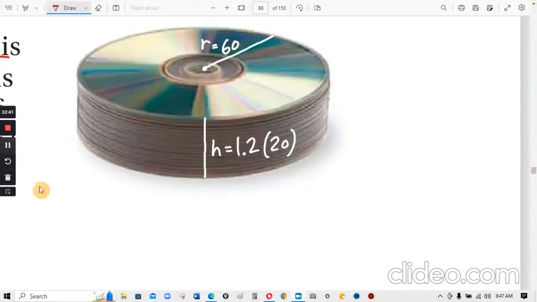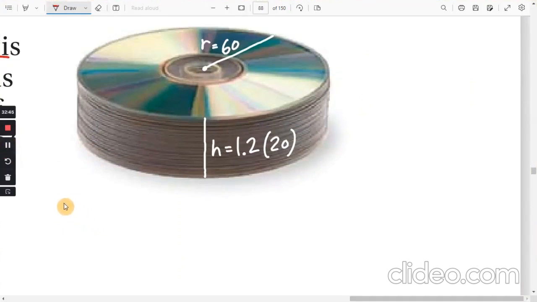All right, and now I'm just going to go to my basic formula for the surface area of a prism. That's going to be 2 times the base plus perimeter times height. Okay, and the base is the area of the circle.